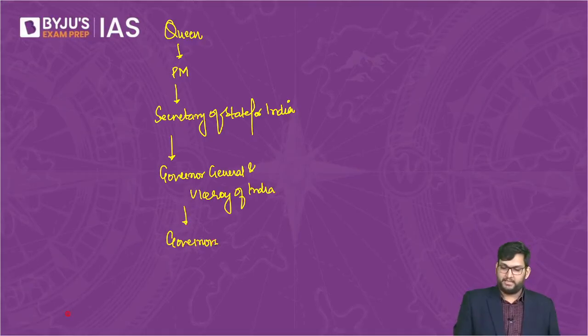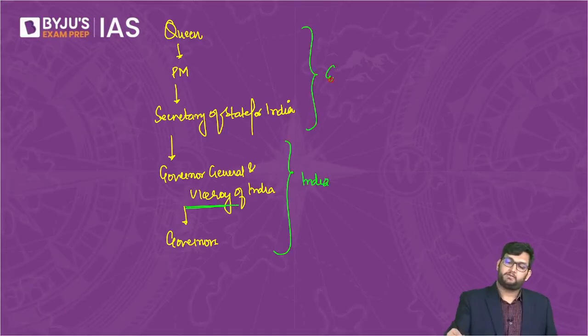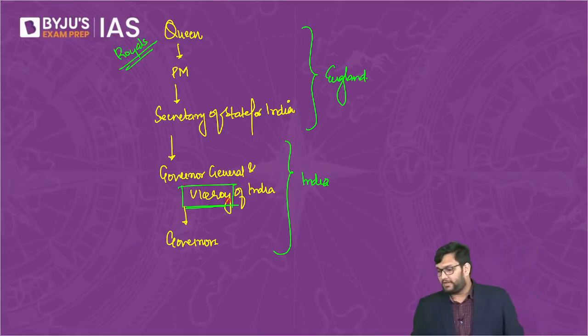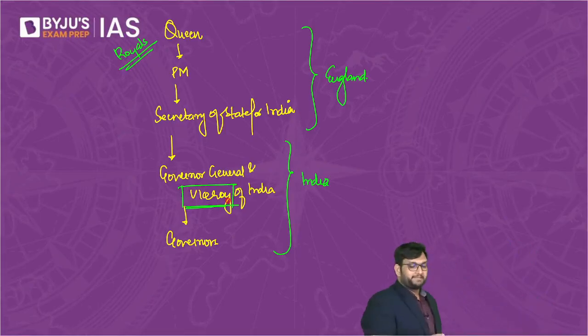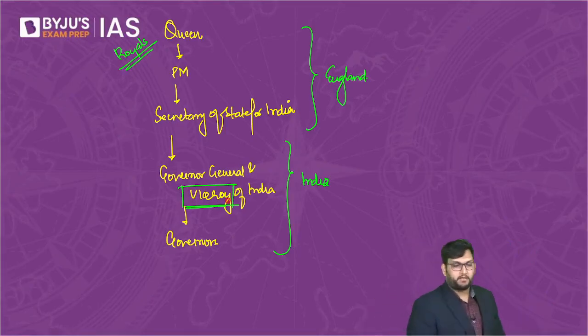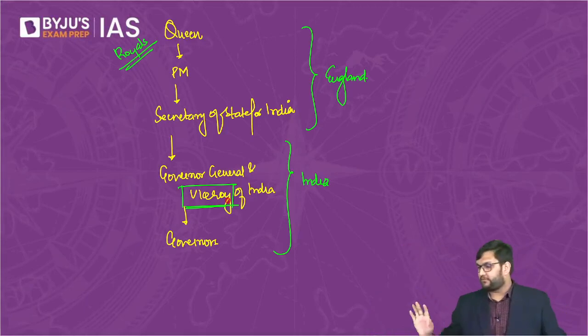So, in a way, this much part is in India, that part is in England. Everything is happening in the name of the royal. So, basically, Viceroy. Right? Very simply, the concept is very straightforward.